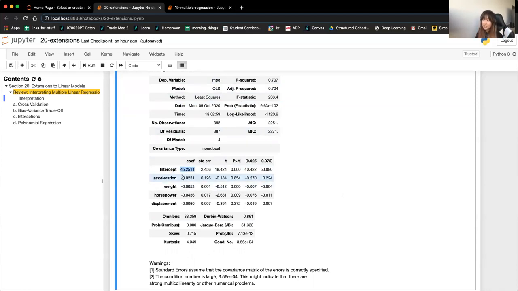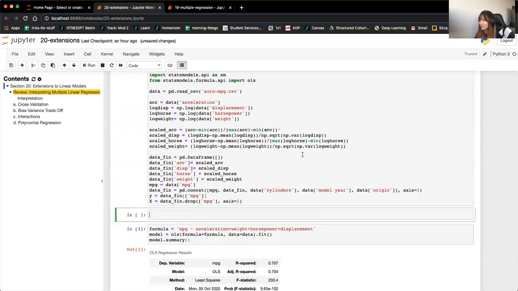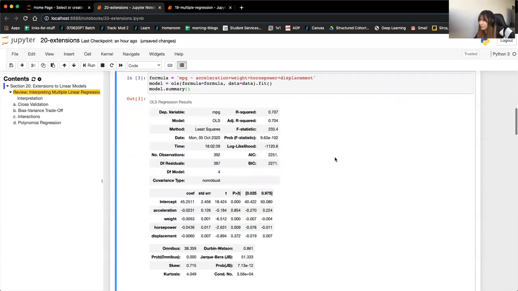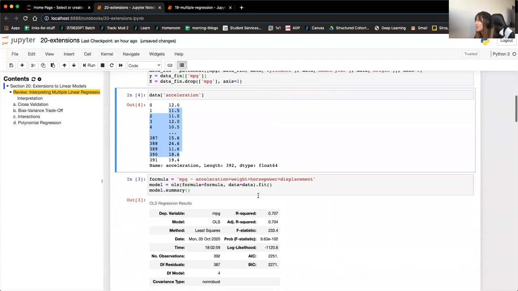And for each independent variable, for example, a coefficient of negative 0.0231 in acceleration means that a 1 unit increase in acceleration, and actually let's take a look at what acceleration looks like. Data, acceleration. All right, I'm not too sure on what the unit is for acceleration, miles, meters per second square, whatever it is.